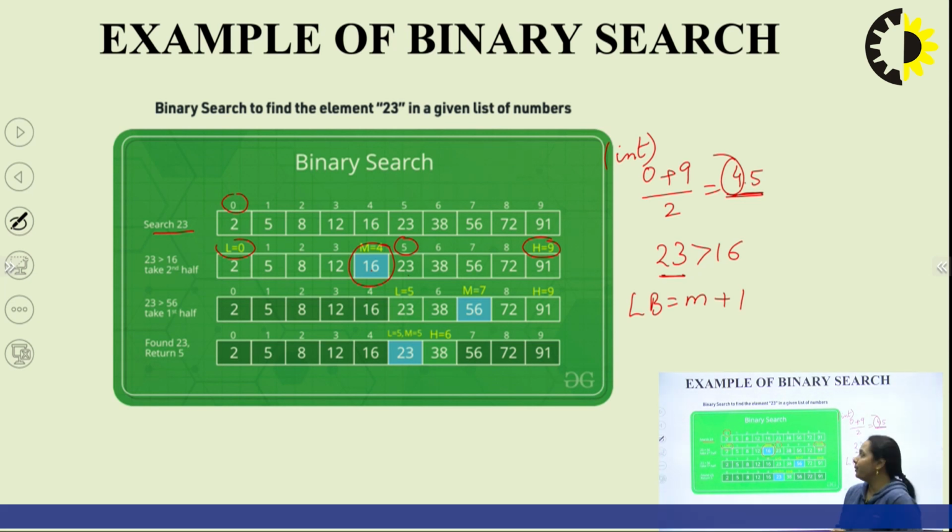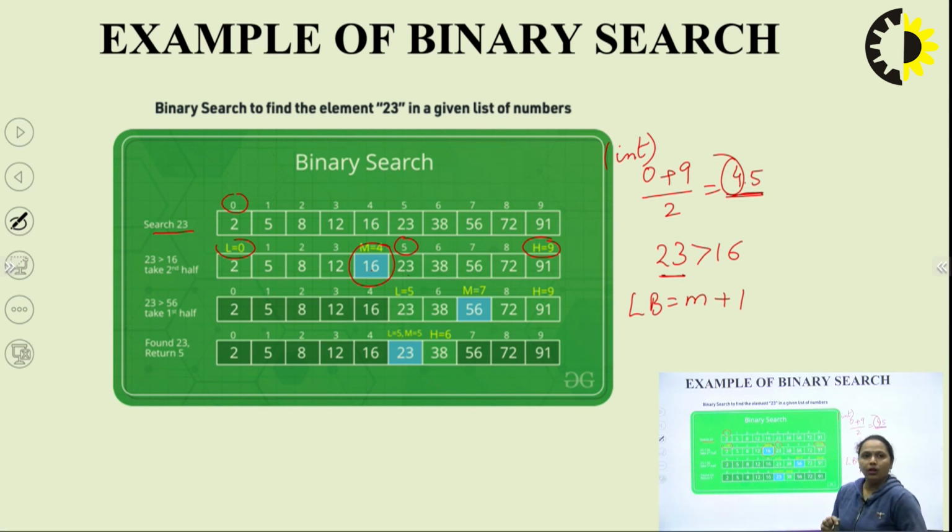What is the value of mid? Previously mid was 4, plus 1 is 5. The element next to the middle element becomes the new lower bound of the array. With this formula we can calculate the lower bound. So now the lower bound is 5 and the upper bound is the same, 9.